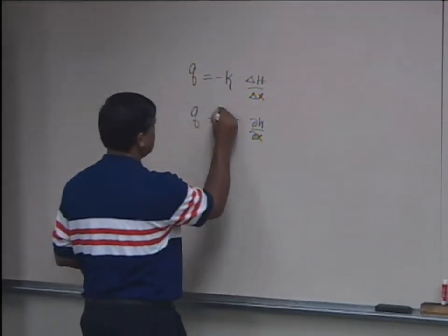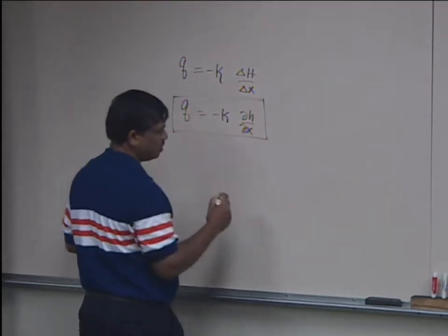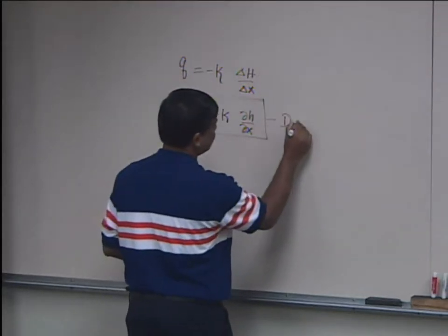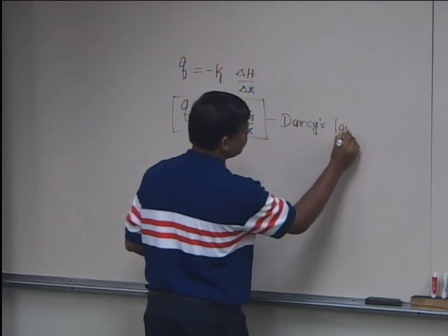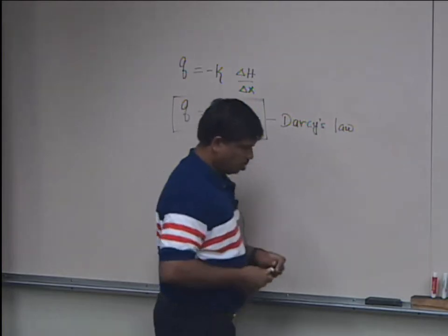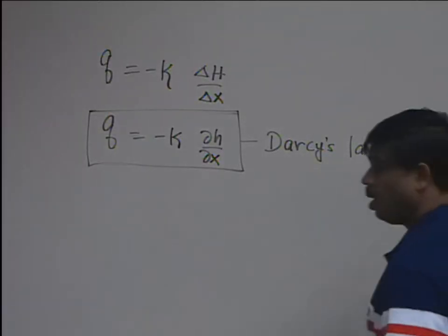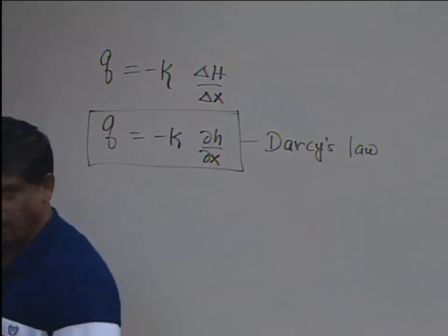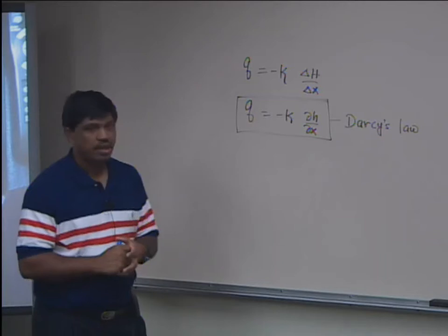And this expression is kind of the cornerstone of groundwater physics, which is called Darcy's law. This was actually formulated by Henry Darcy, who actually happens to be a civil engineer.